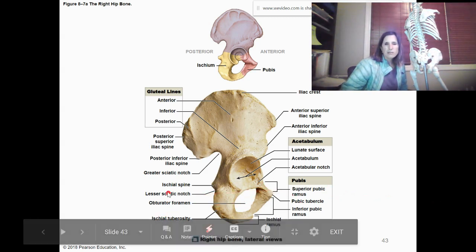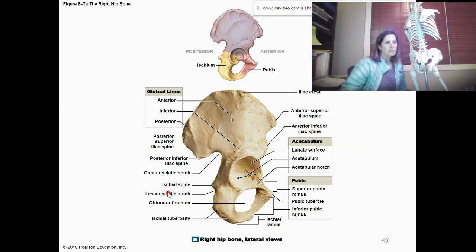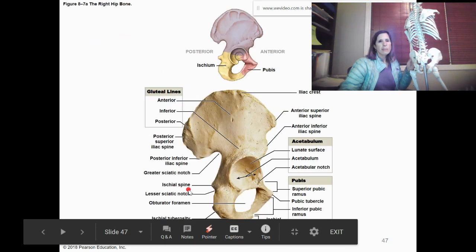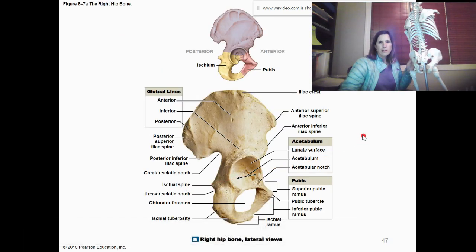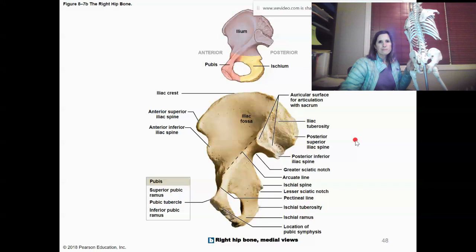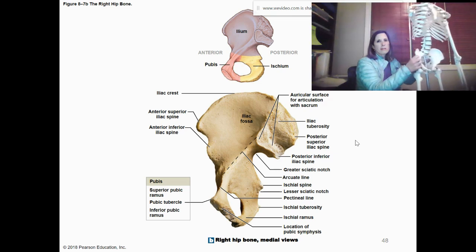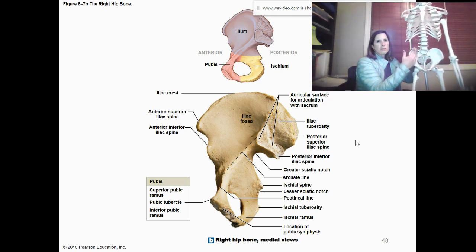Okay, let me see if there's anything else I want to show you. That's the posterior view. Let me get another. Here we go. So this is more medial. So what I would show you is like this right here. This is going to be the iliac fossa.